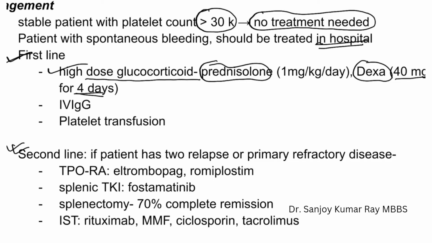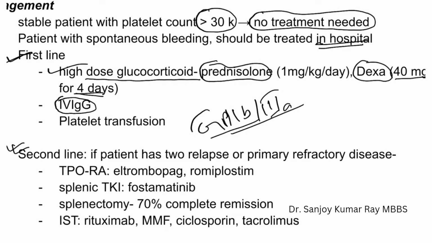And if it is not sufficient for the resolution of the attack, then IVIG, intravenous immunoglobulin G, can block the autoantibody that is formed against the platelet 2b3a receptor, a glycoprotein receptor actually.